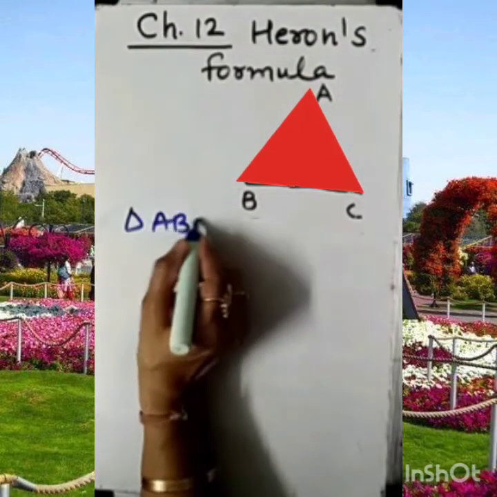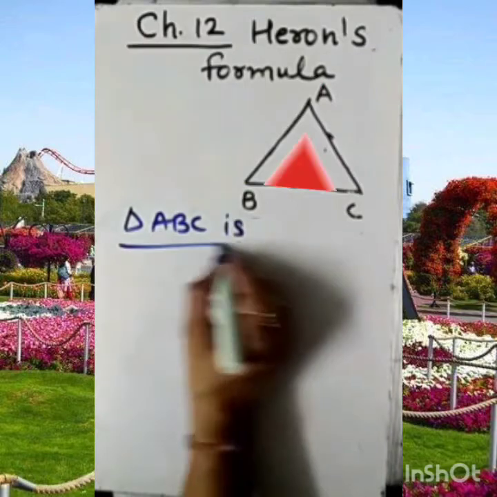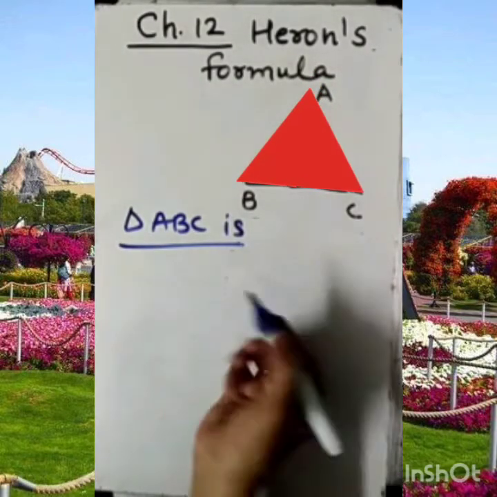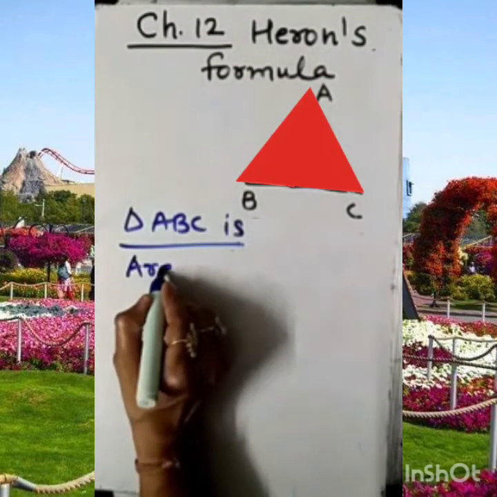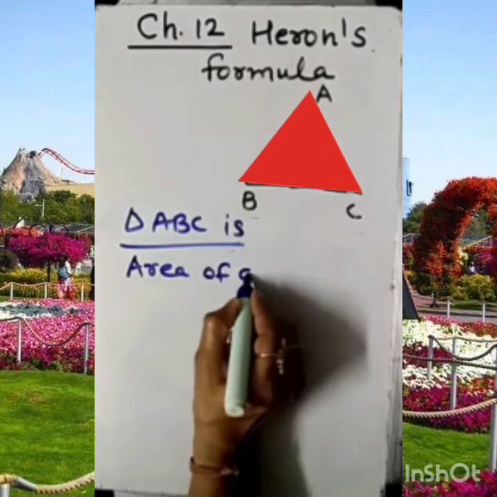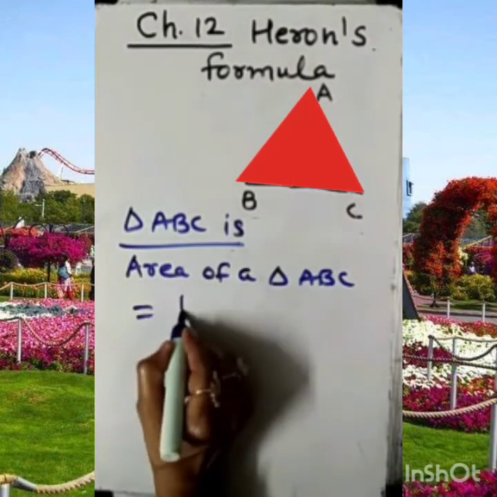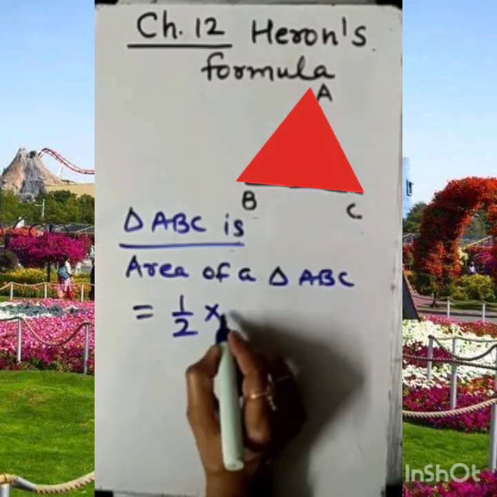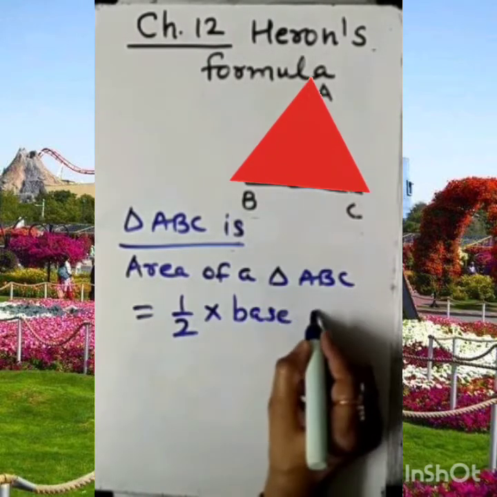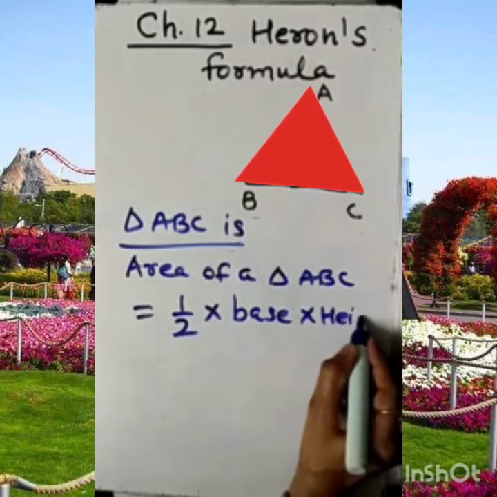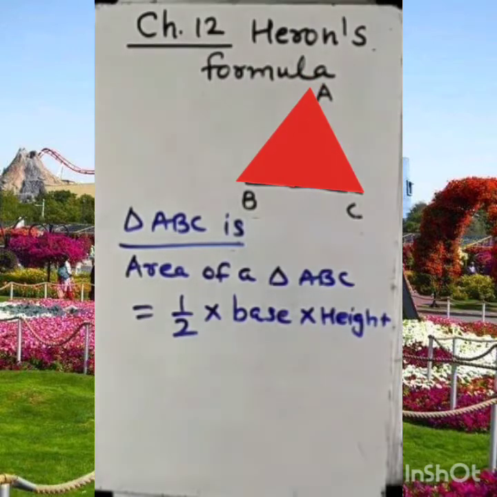To find the area of triangle ABC, we require 1/2 into base into height. This is the formula which we have studied in class 7.